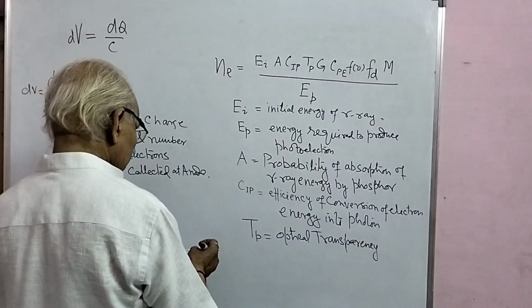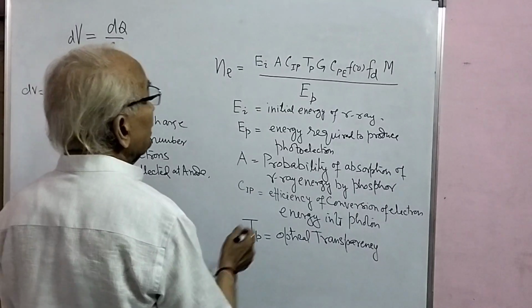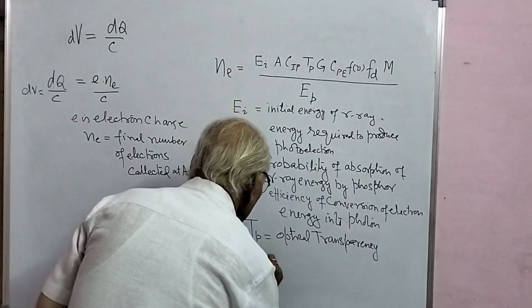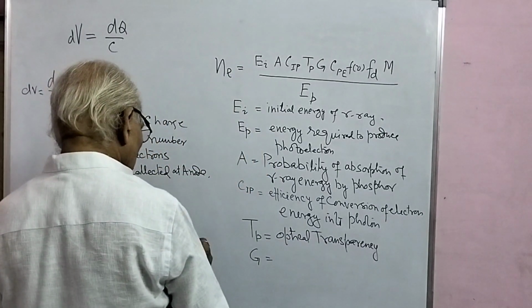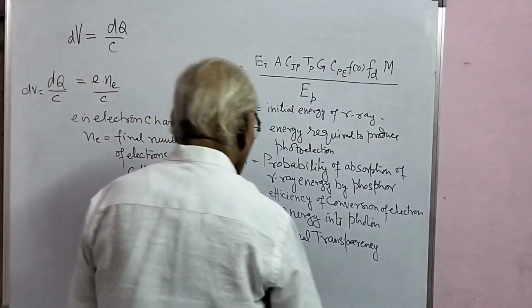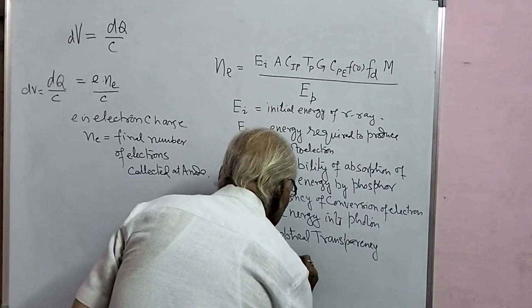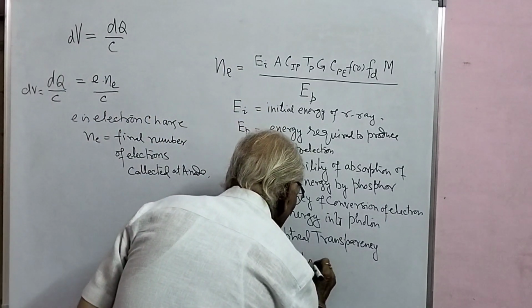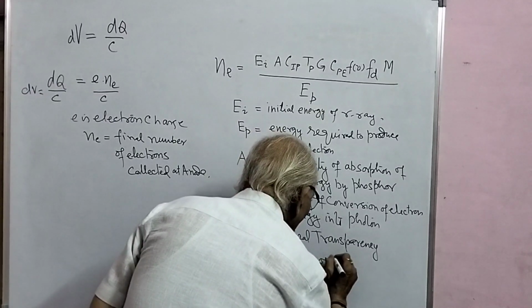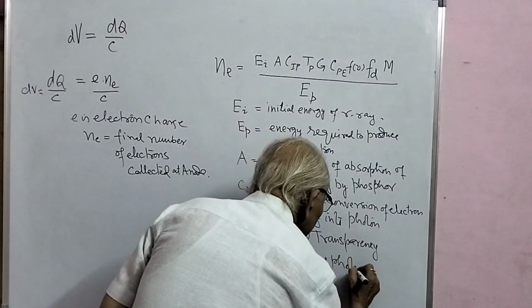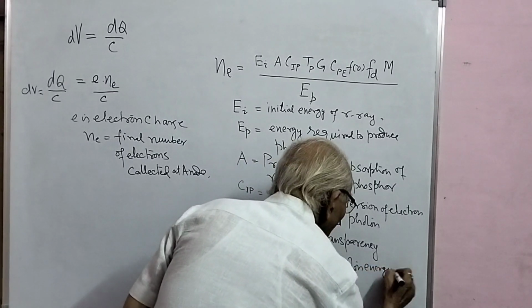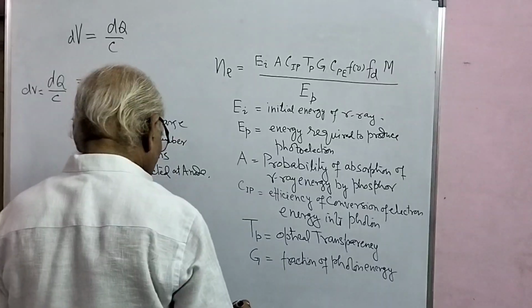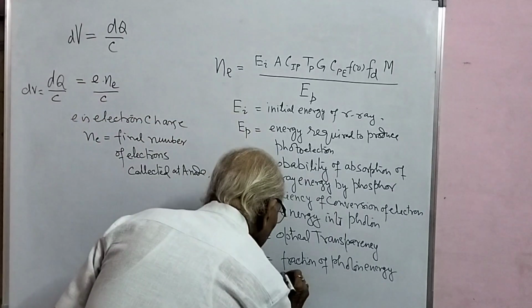And then G is the fraction of photon energy falling on the photocathode.